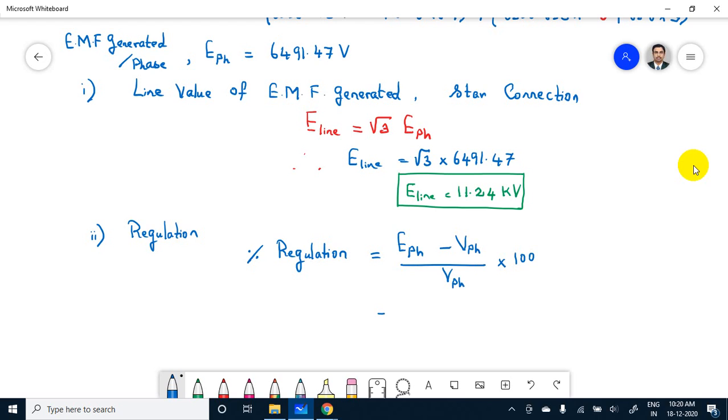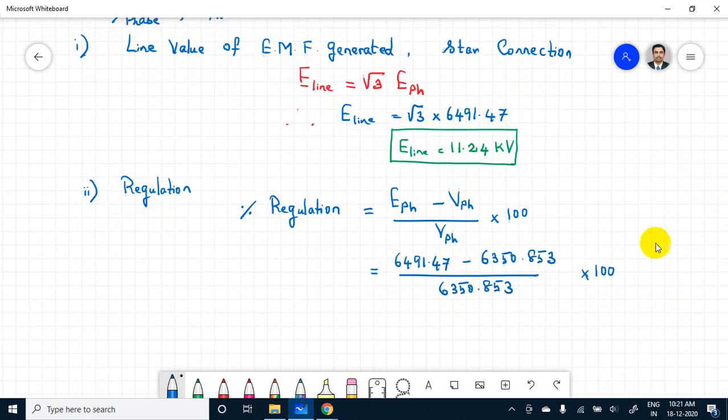Now substitute all these parameters. E phase value, which we already got, 6491.47, minus V phase, it is 6350.853, whole divided by 6350.853 into 100.